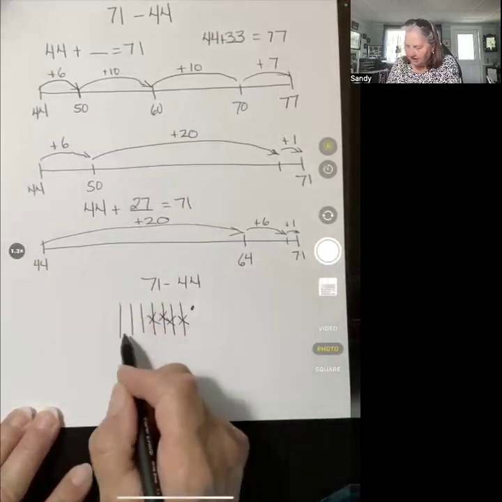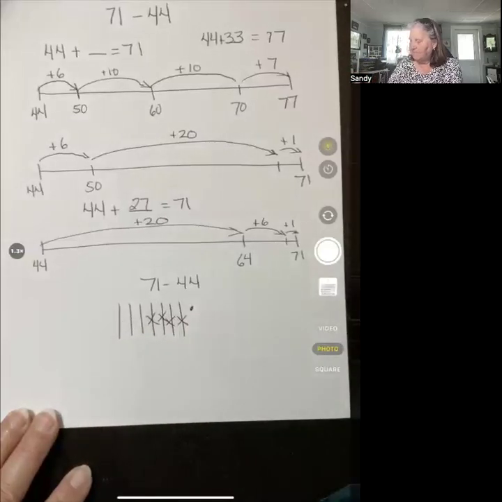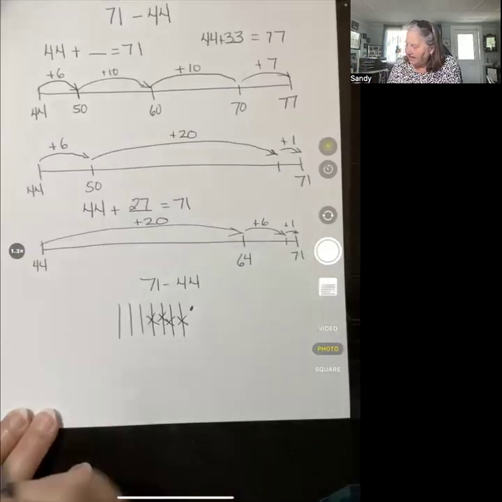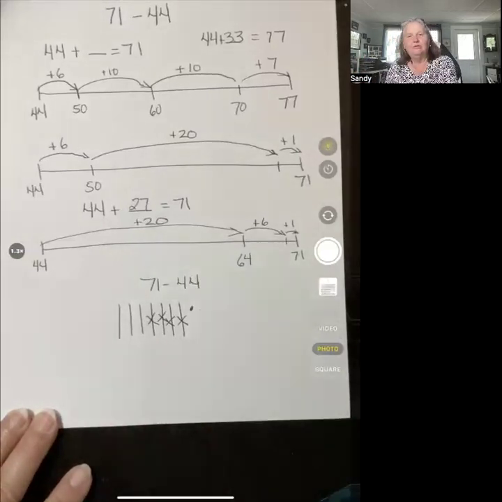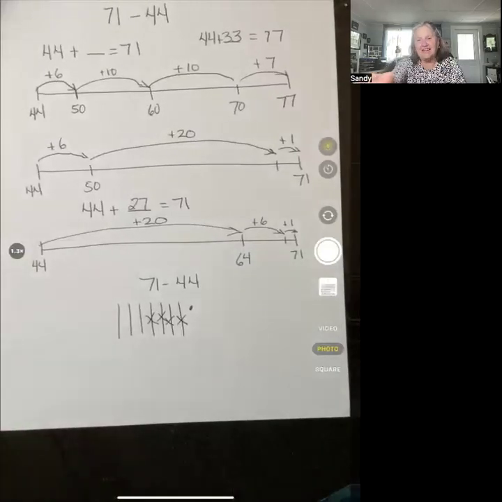I could have removed 4 from this side. I could have skipped around and done it. But I can remove the 4 tens. And then I somehow have to remove 4 ones. So many of us learned to trade in a 10 for 10 ones, and then you remove it. An equivalent way to think about it.